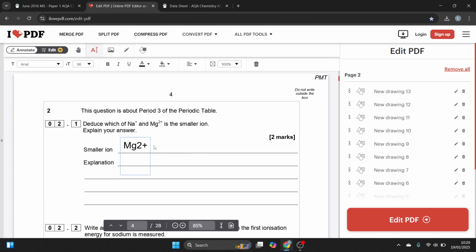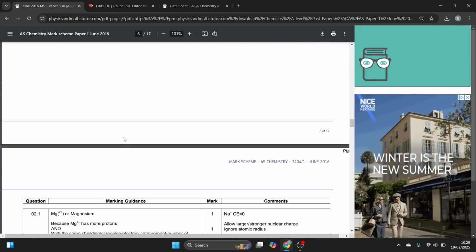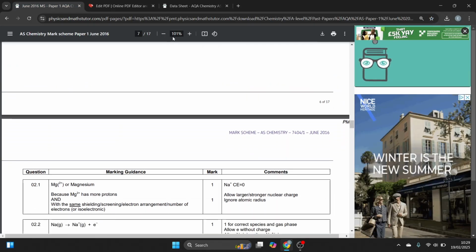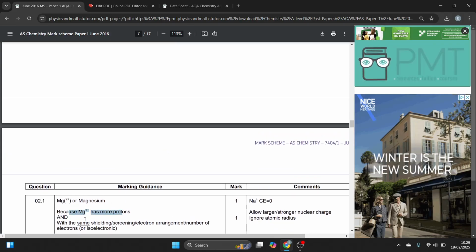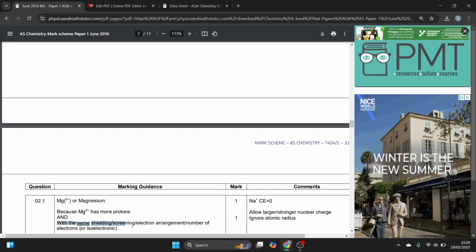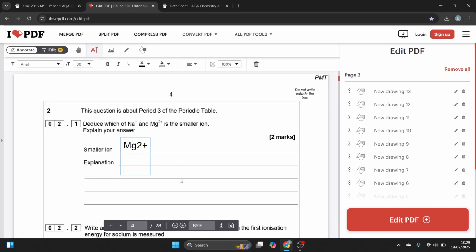And if you look at the explanation from the mark scheme, it is very similar to what I would say. More protons, but you also need to say with the same shielding. So, because Mg2+ has more protons with the same shielding.